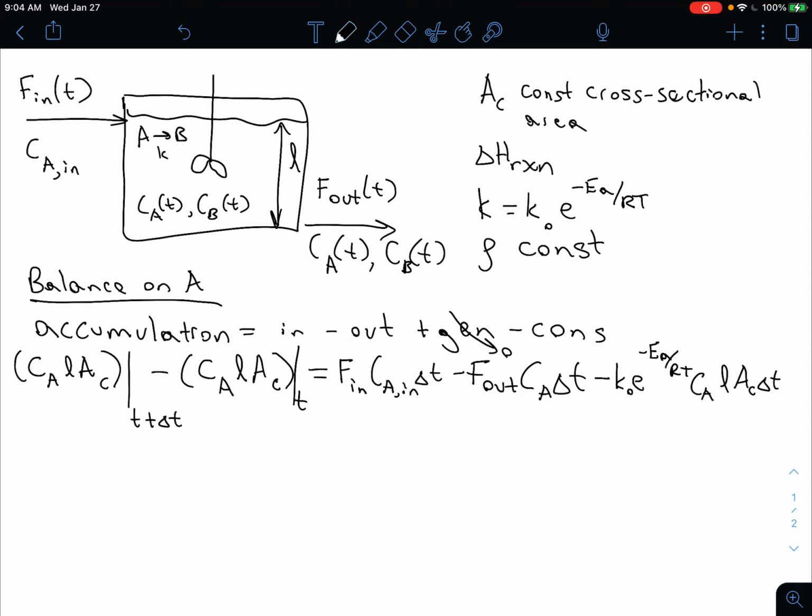So I'm going to factor that out. So I'm going to say A_C times CA L at t plus delta t minus CA L at time t. Well, I should put parentheses here.